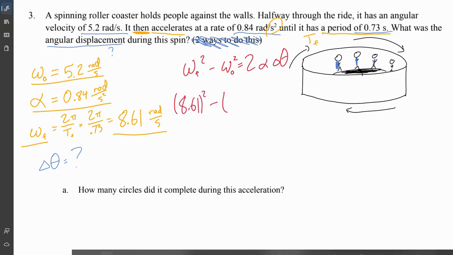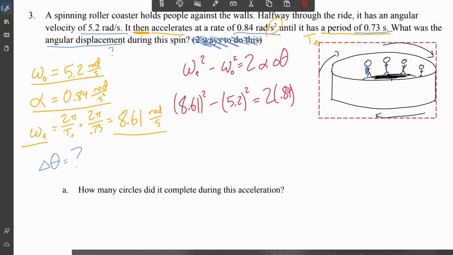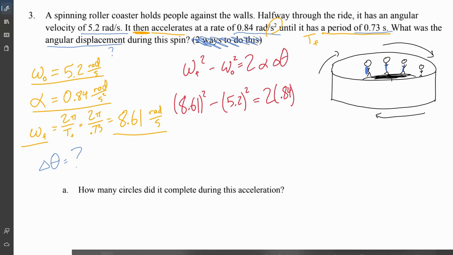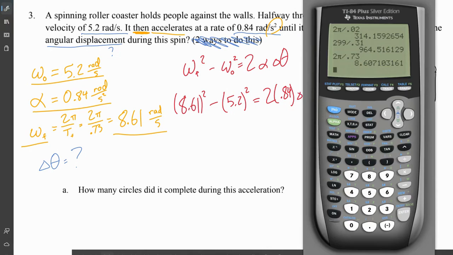Omega initial 5.2 squared is equal to 2 times alpha 0.84 times, sorry, my little drawing of this roller coaster kind of got in the way. 2 times alpha, which was 0.84, times delta theta is our unknown. Okay.